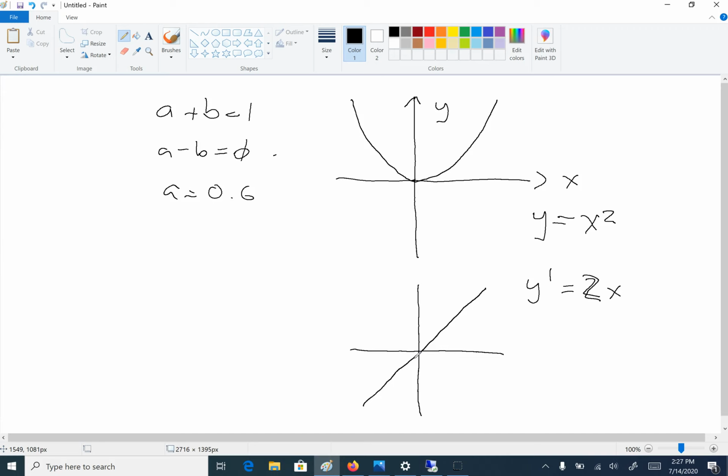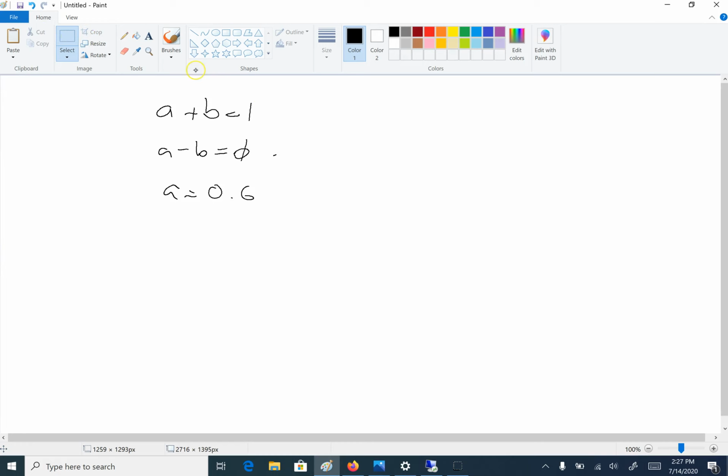So let's take a look at how we can set up an equation system in matrix form. Let's take a look at the first two equations out of these three. How could we set those up in matrix form?